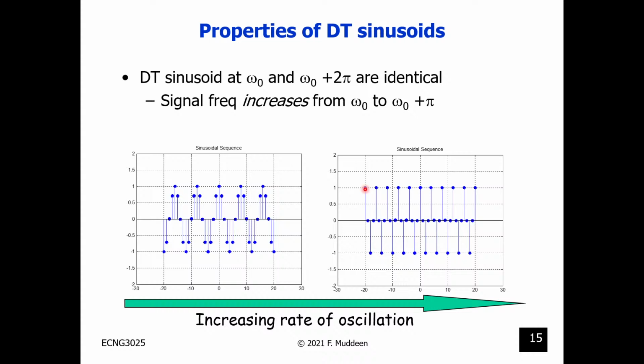Because at this point, when we hit omega naught plus pi, we no longer need these intermediary values. It's easier to represent the wave just by using these samples, and you already know the general shape of the signal.